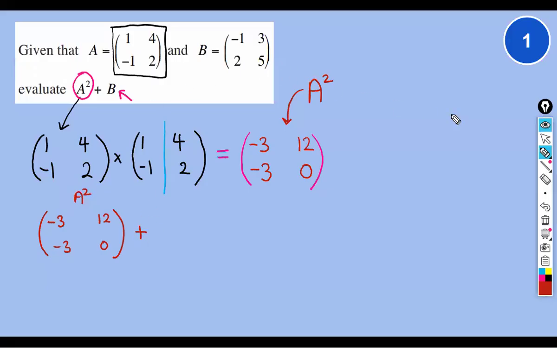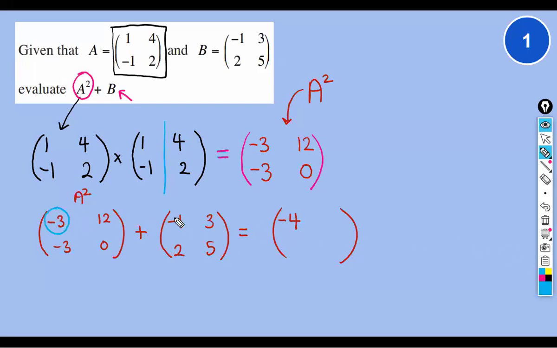And we're going to add it to regular, boring B. And when we do that, we will get our final answer here. Minus 1, 3, 2, and 5. Minus 3 plus minus 1 is minus 4. The addition, you add everyone in the same position.